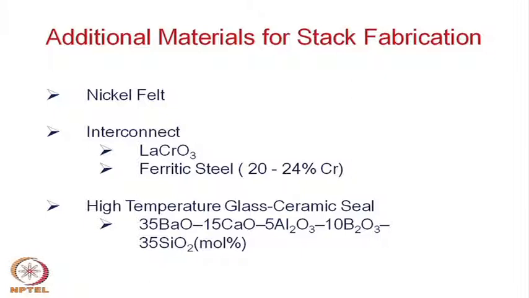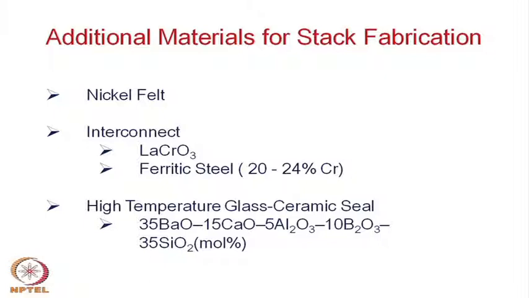As I have just shown you in the earlier slide, nickel felt is just a simple thing which one can use between the tubes in case of a tubular design. In case of stacking of tubes, the only additional material needed is nickel felt. Okay.